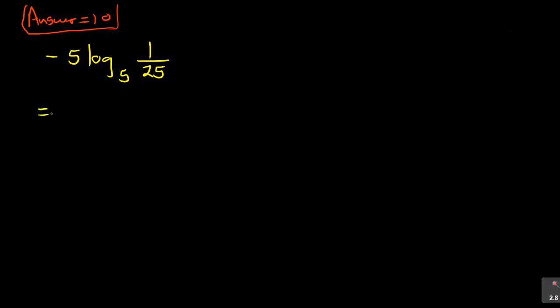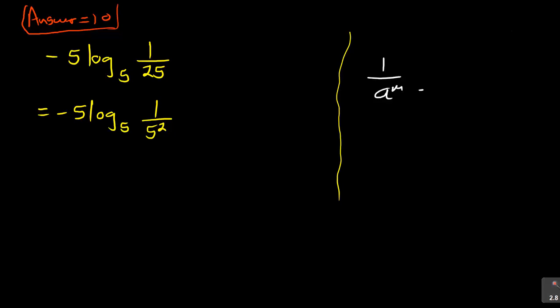So equal to minus 5 log, the first thing, base 5 is to match 25 in terms of 5. Remember 25 is 5 squared, so it's 1 over 5 squared. And I think I've already mentioned this law, which says if I'm given 1 over a to the power of m and I want to take it to the top, so it becomes a to the power negative m.